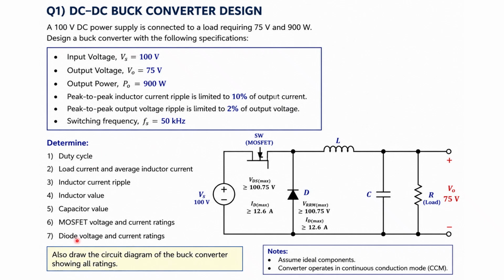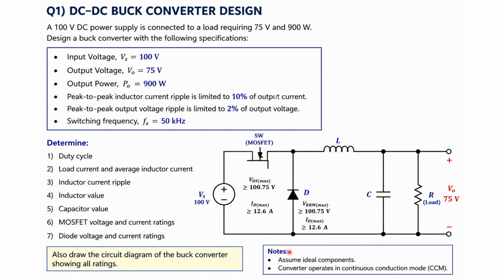First, determine the duty cycle, then the load current and average inductor current, inductor current ripple, inductor value, capacitor value (inductor in henry and capacitor in farad), MOSFET voltage and current ratings, and diode voltage and current ratings. Once you complete this, you have to draw the circuit diagram of the buck converter showing all the results.